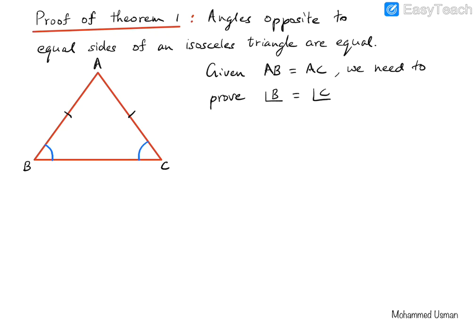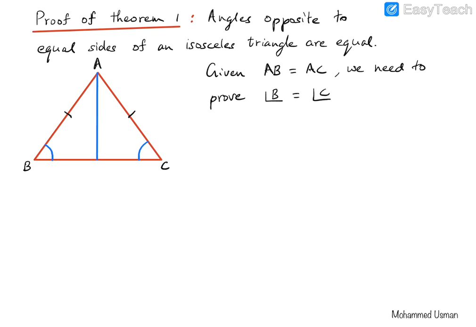To prove this, the first step is to draw a bisector of angle A. We will draw a bisector of this angle and extend it to meet the line BC at some point which we will call D. So let us draw a bisector of angle A. Let me do that.